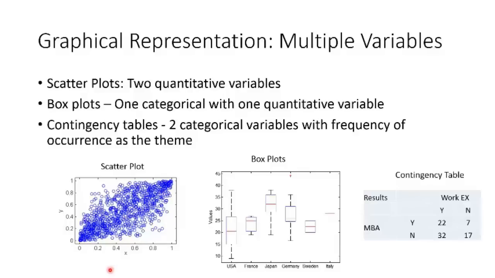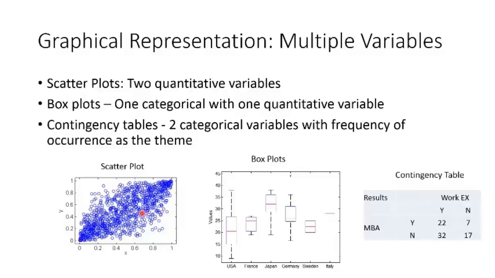In this particular case, in general when x increases, it looks like y is also high. Or you can always flip it the other way around. In general, when y is high, x is high. When y is low, x is low. So that relationship gets captured, and for that reason, this is a great graphical representation of two variables.